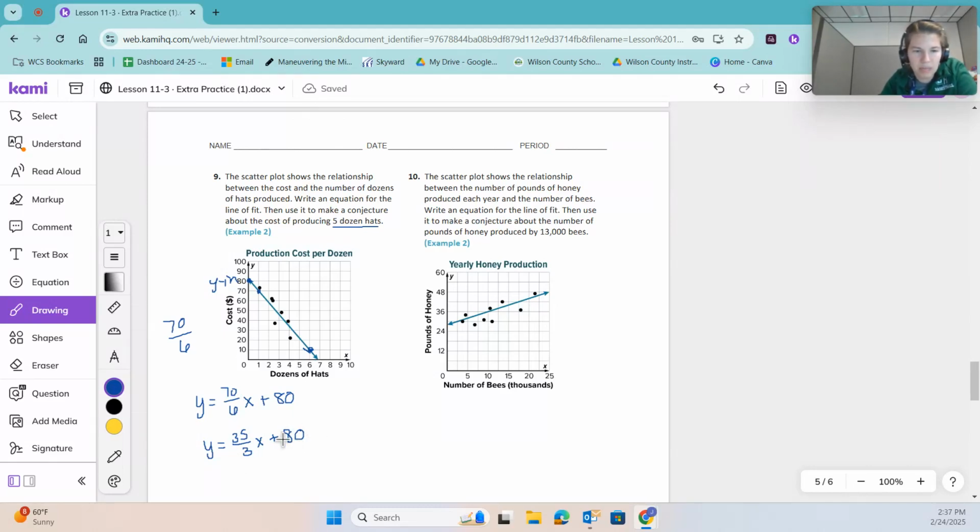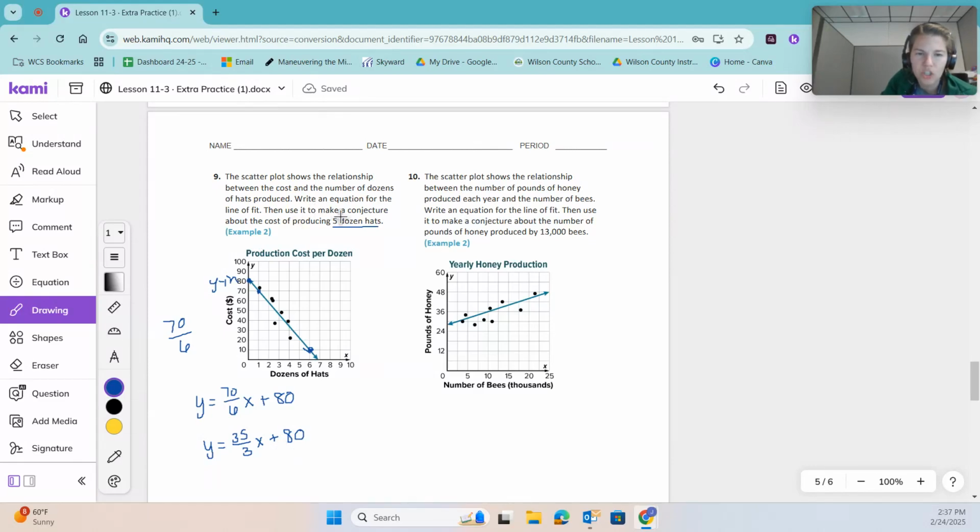This means that when 0 hats are sold, the cost of production is $80. And for every $70 of production, there are 6 dozen hats that need to be sold.